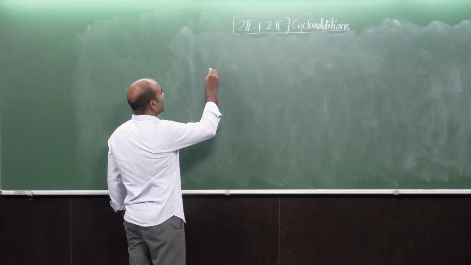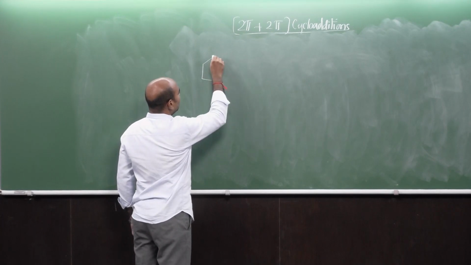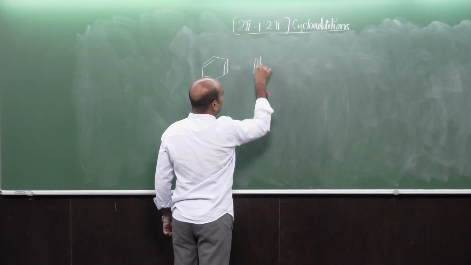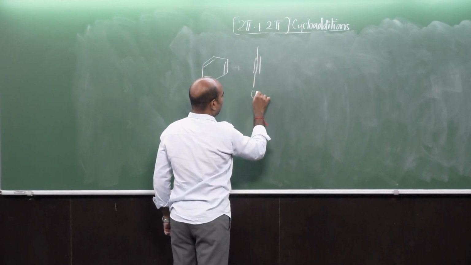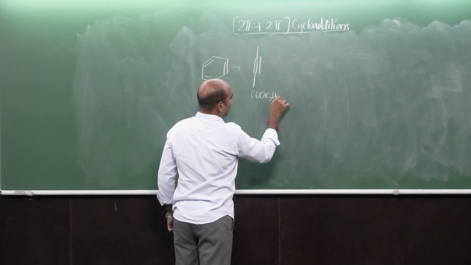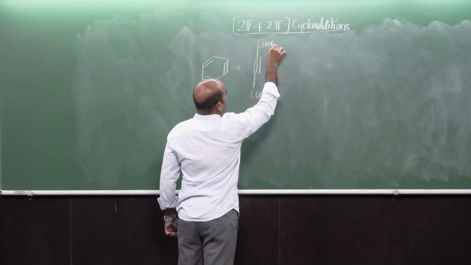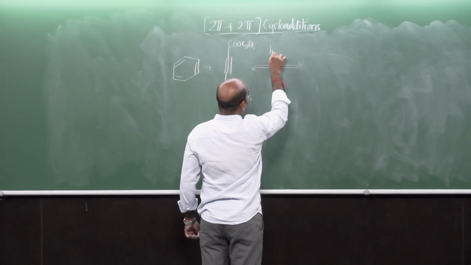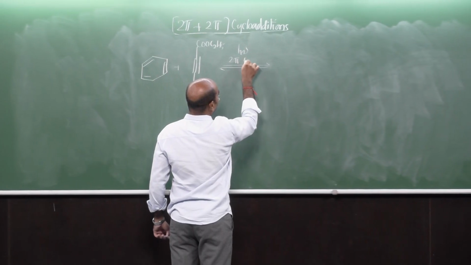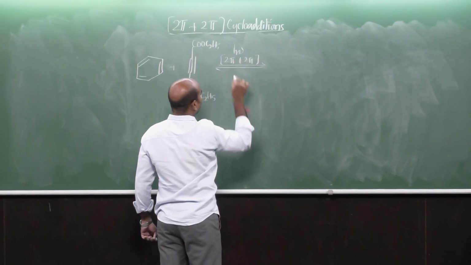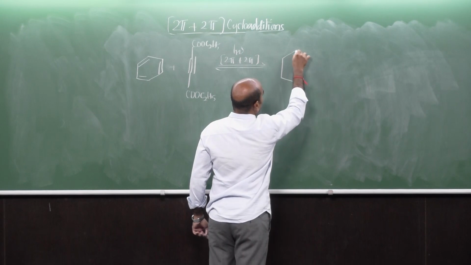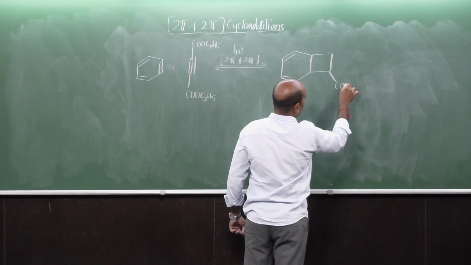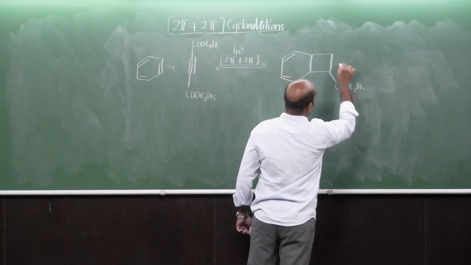So coming to another example, this benzene under special conditions reacts with this as a 2π plus 2π cycloaddition, resulting in the formation of this product.